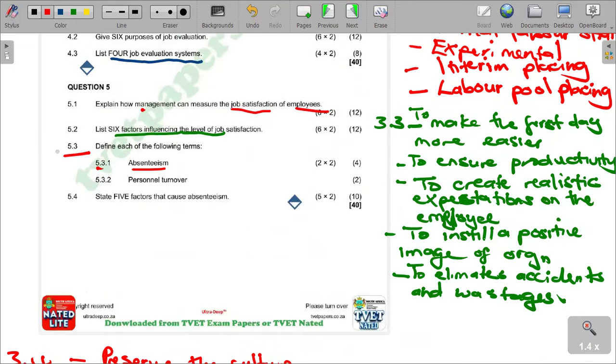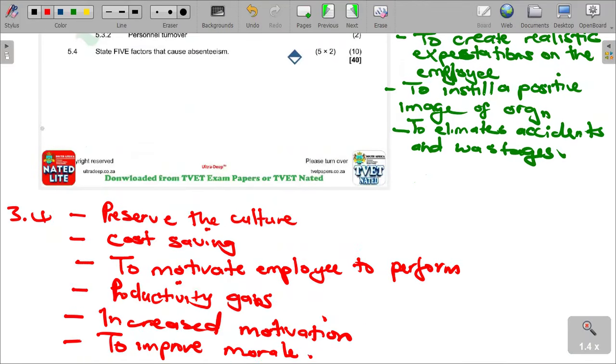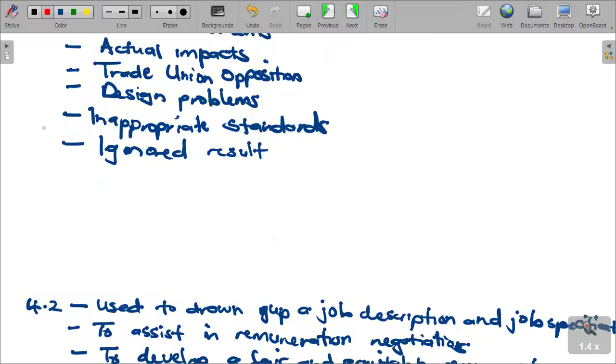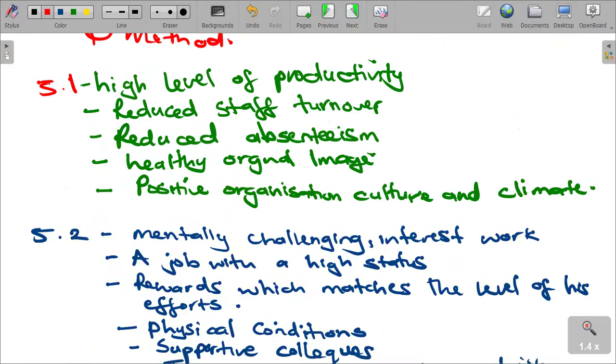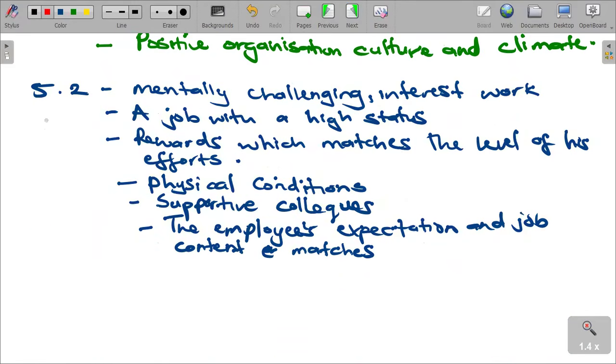Absenteeism refers to absence without leave. When an employee is absent without notice, that's what you call absenteeism.